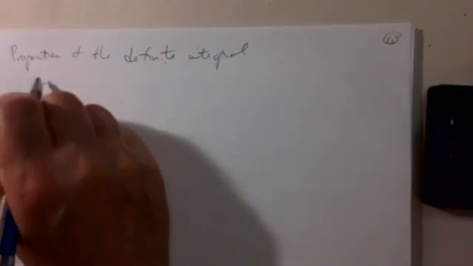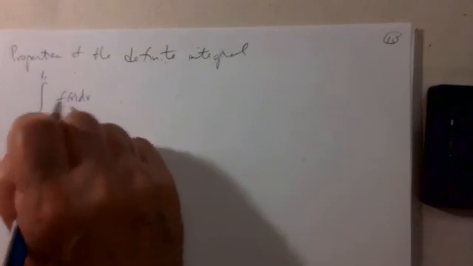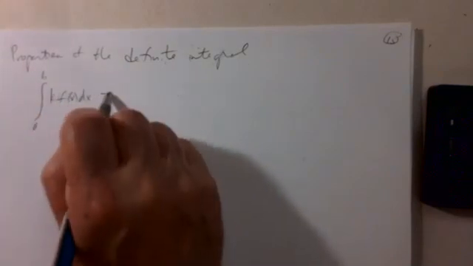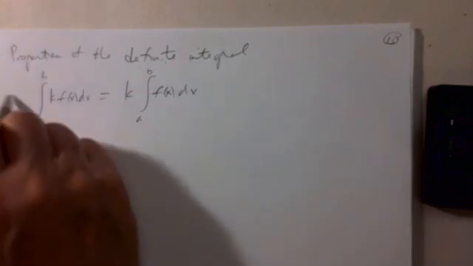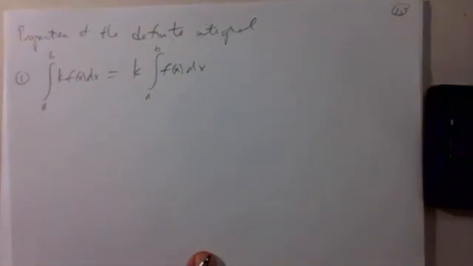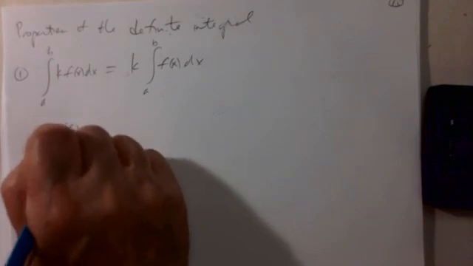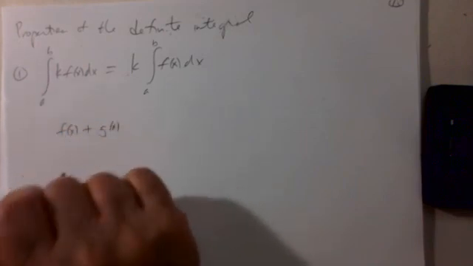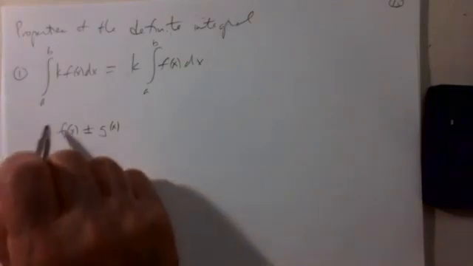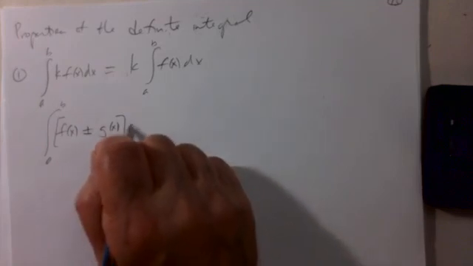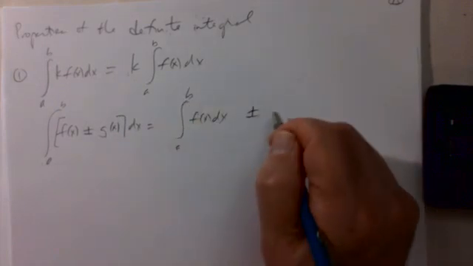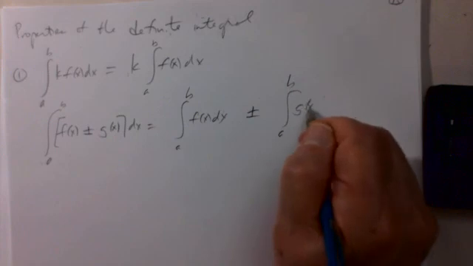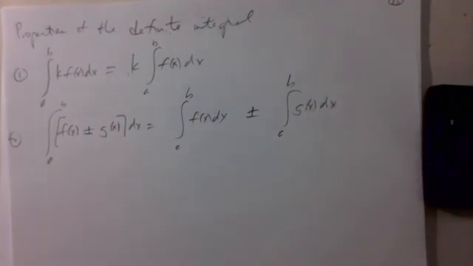If you take the integral from a to b of a function f of x dx, but you multiply f by k, you can take the k outside the integral. If you take the function f of x plus g of x, or f of x minus g of x, the integral from a to b of the sum or difference of two functions is the sum or difference of their integrals.